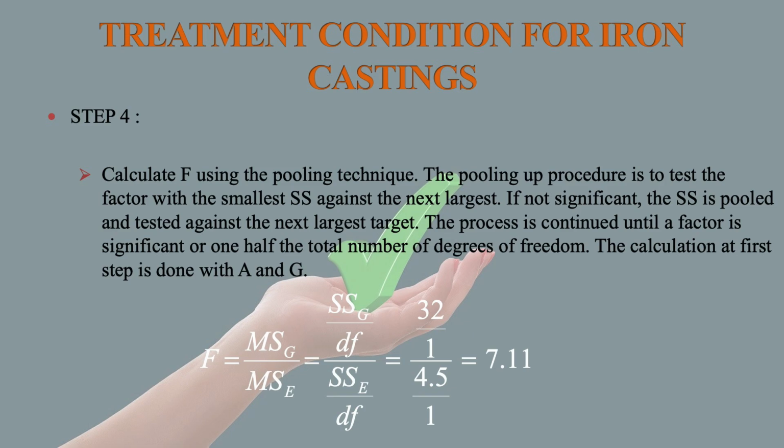The calculation at the first step is done with A and G. F is equal to MSG by MSE, that is, SSG by degrees of freedom divided by SSE by degrees of freedom, which is 32 by 1 divided by 4.1 by 1, equal to 7.11. This is the F value calculated for the pooling technique.